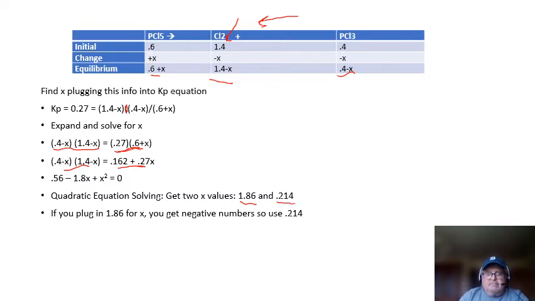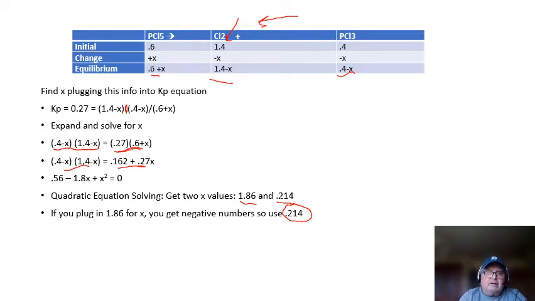Not both will work. If you take the 1.86 and put it in these values here, you'll see you get a negative number. But if you put the 0.214 in these values, you see that you get a positive number. So we're just going to use the 0.214 as x.